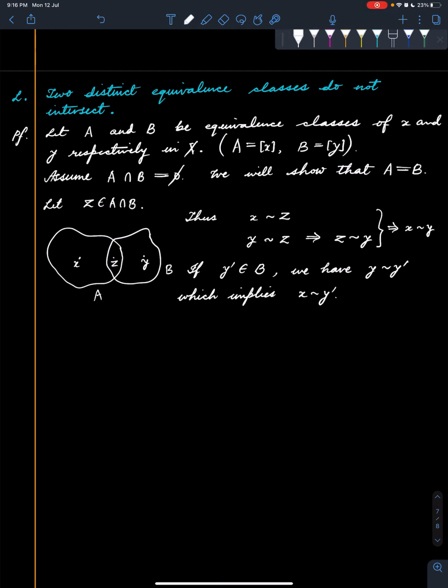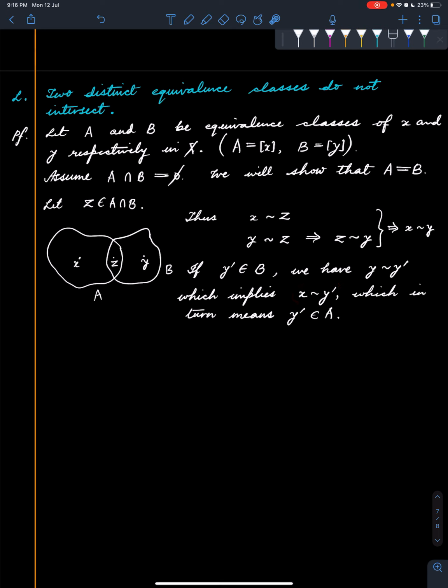What does that mean? Which in turn means that Y prime is in A. Because what is A?